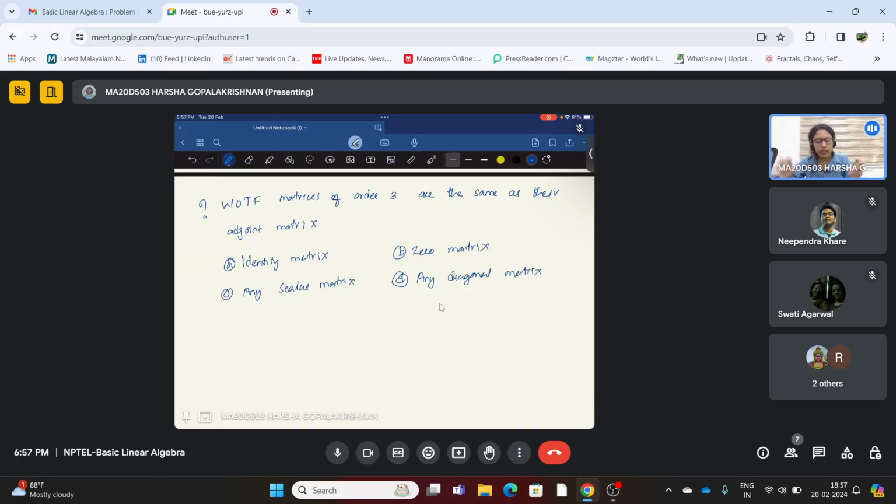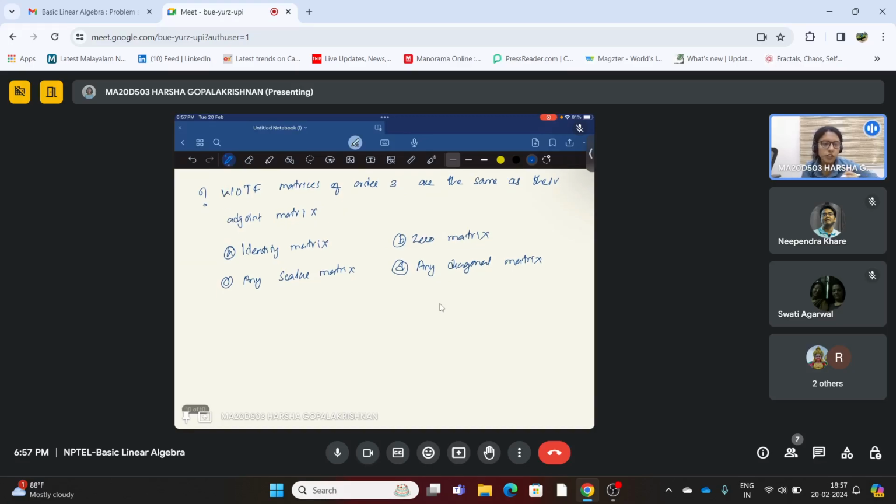So the question is, the matrix and the adjoint of that matrix are the same. In which of the following cases is it true? Can anyone say in which case it is true and in which it is not?